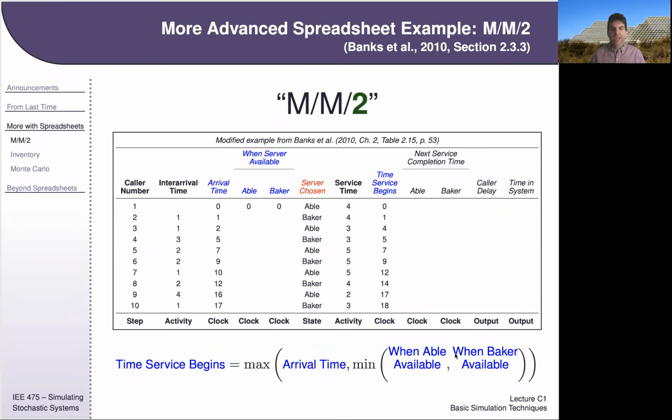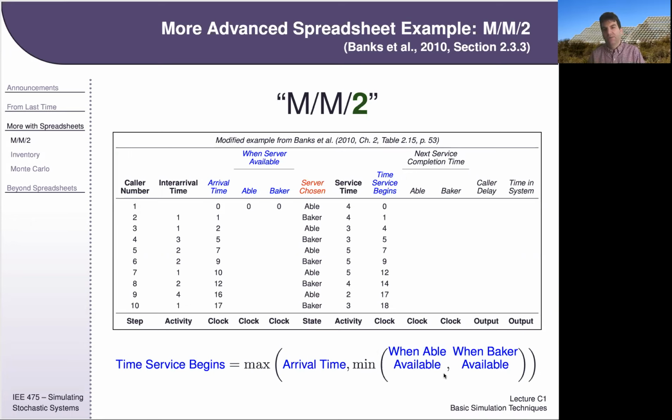And then we compare that to when the caller arrives. If the caller arrives before Able or Baker are available, then the caller is going to have to wait for Able and Baker to be available, and so when we take the max, we will end up taking the availability time.